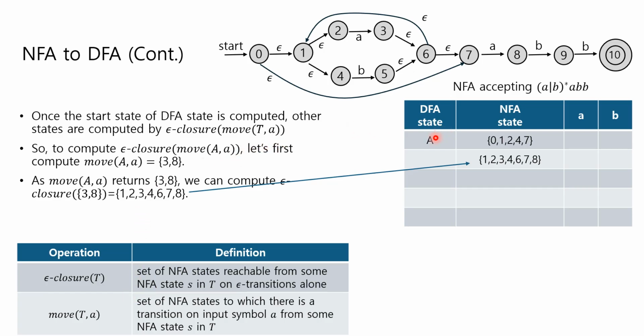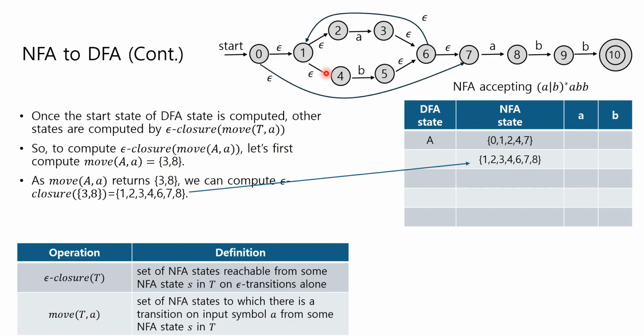The NFA states of A are 0, 1, 2, 4, 7, and we need to find out the states to which there is a move on input symbol a.